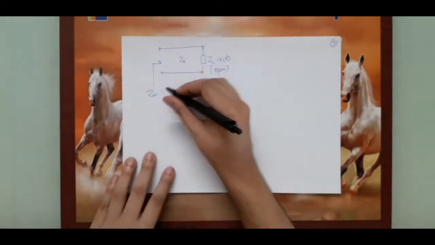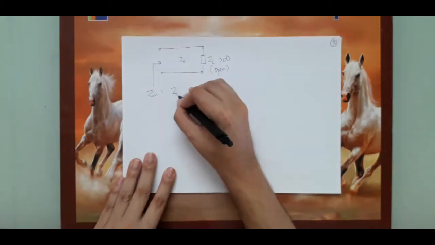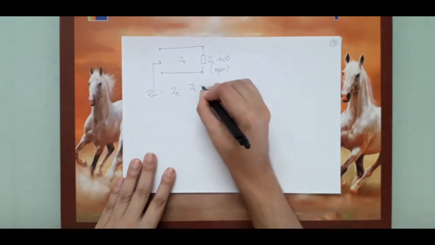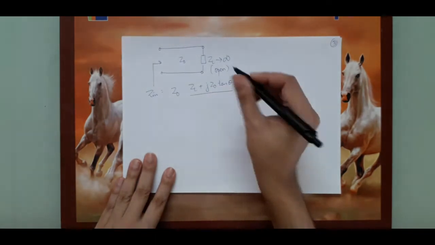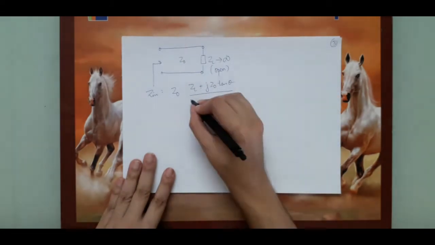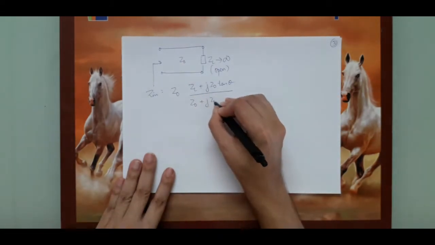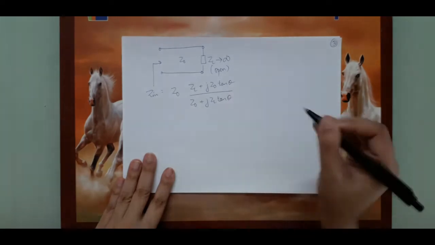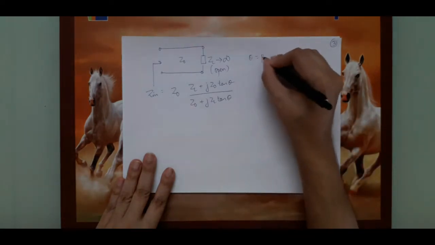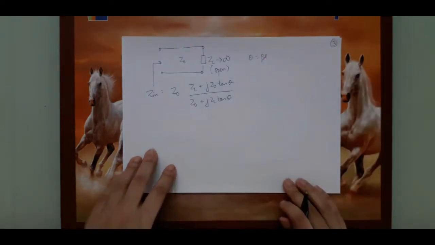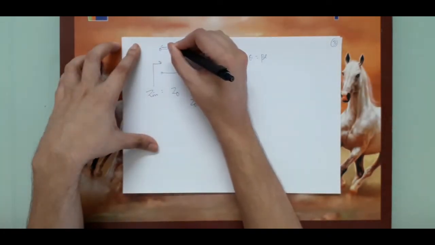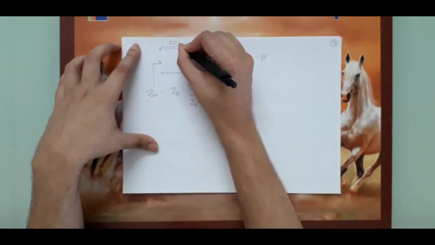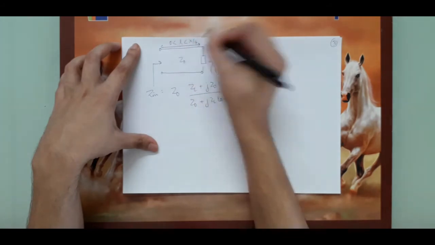If you apply the formula, theta is again beta L. Okay, and let us say that again this length is somewhere between 0 and lambda by 4.